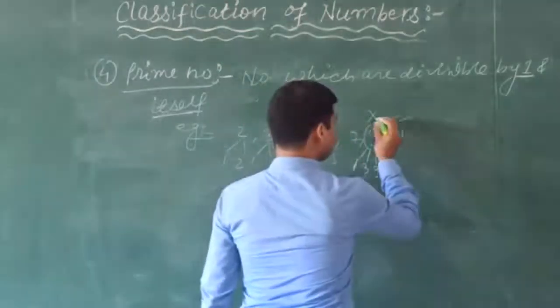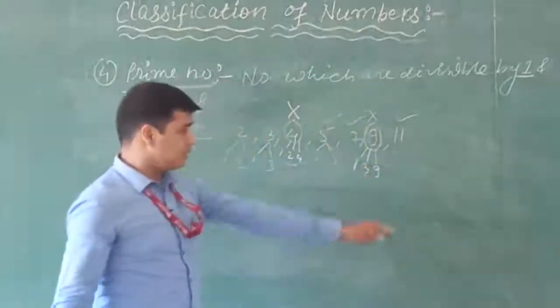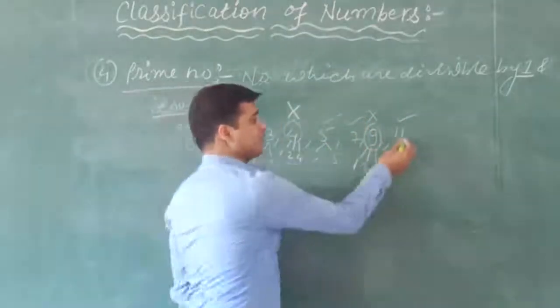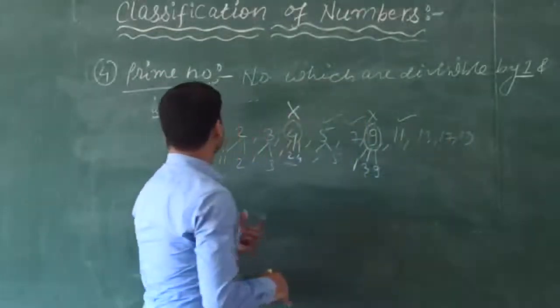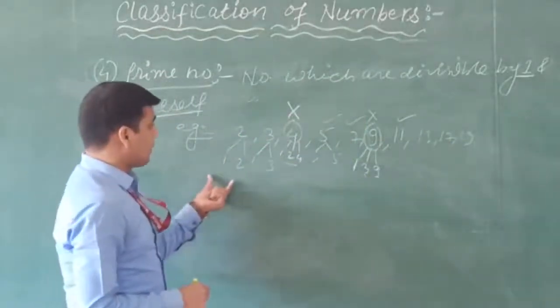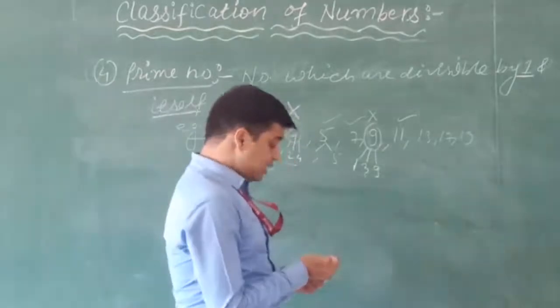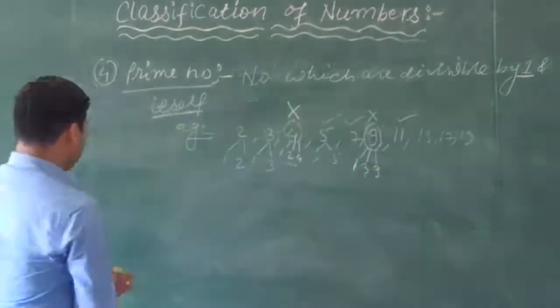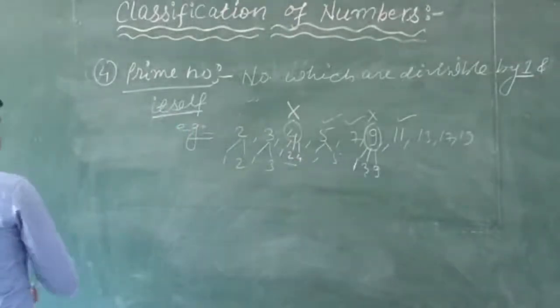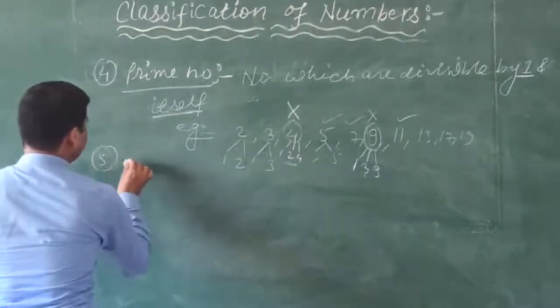Why? Because 11 is divisible by 1 and itself. 13, 17, 19. Okay, so in this way all these numbers are prime numbers. Okay, so one is prime or not? One is neither prime nor composite. We will discuss this. Now next here, composite number.